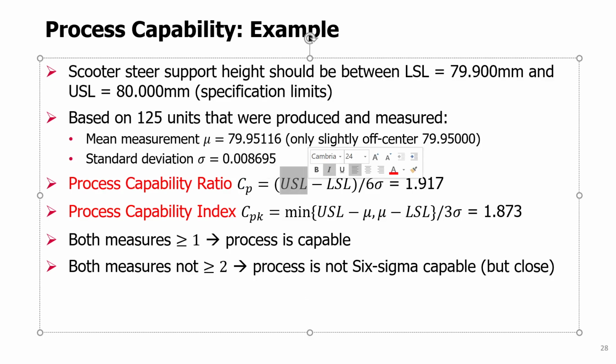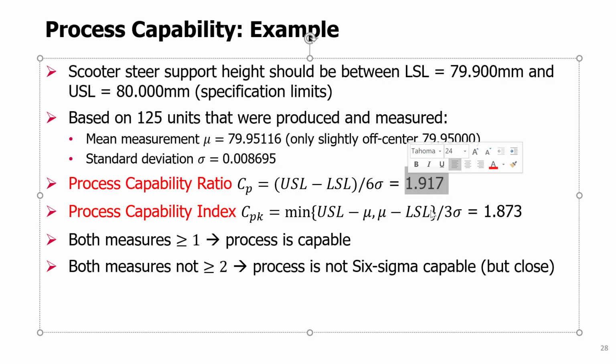So we can now calculate the process capability ratio. We take the upper minus lower specification limit, so 80 minus 79.9 gives us 0.1, and we divide it by 6 sigma, by 6 times this value, and we get 1.917. Or if you calculate the capability index, we take the minimum of those two values. Of course, now mu is a bit above the target, the central value, so this value will be smaller.